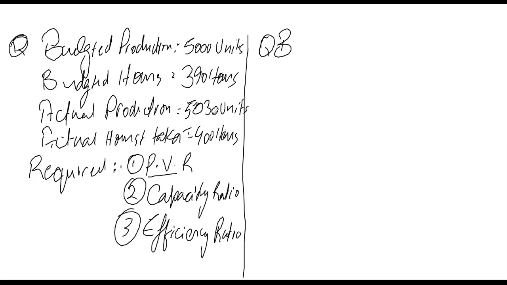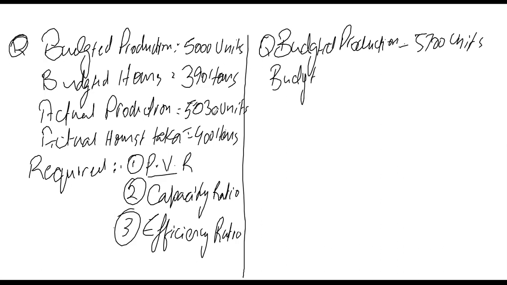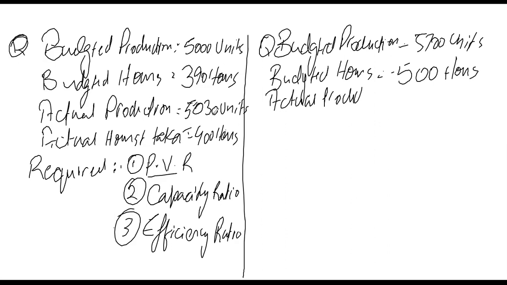So the budgeted production is 5,700 units, and the budgeted hours to be taken is, let's suppose, 500 hours, but the actual production is 5,500 units, and that also is being produced.